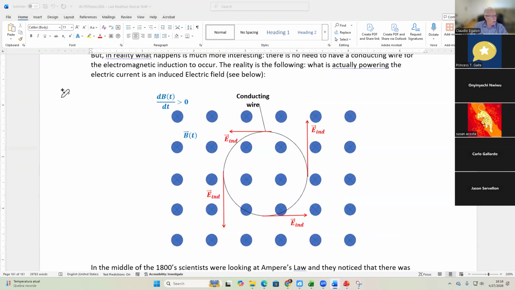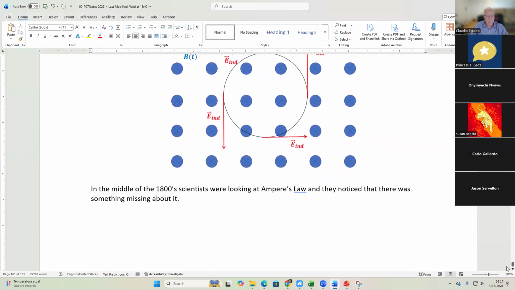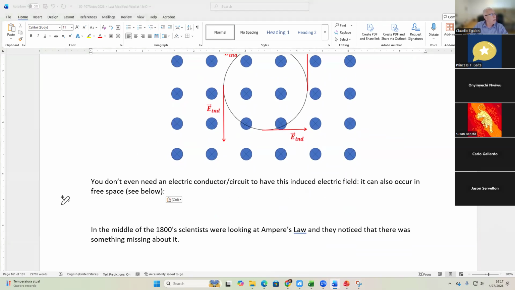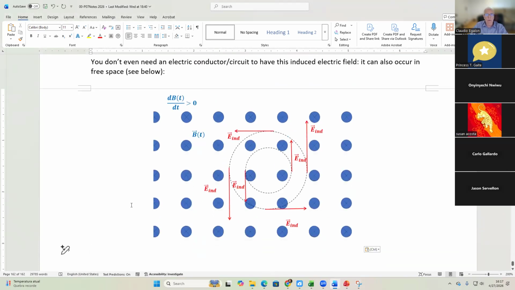You don't even need an electric conductor to have this electric field. Here I'm removing the electric conductor from the region in space, and we still have the induced electric field in there.